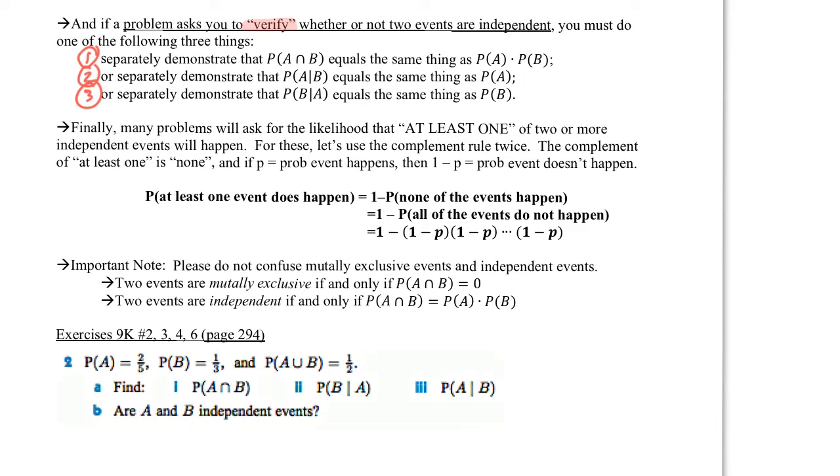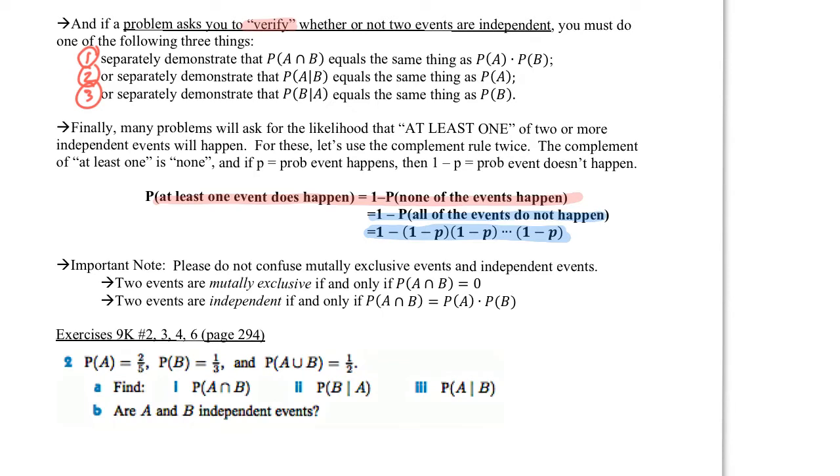So the first line here should make sense to you: the probability of at least one happening is 1 minus the probability that none happen. Well, none happening could be retranslated into all of the events don't happen. So if P is the probability it happens and 1 minus P is it doesn't happen, then all I have to do is take those independent probabilities, multiply them together, and then that 1 minus came from the original use of a complement.